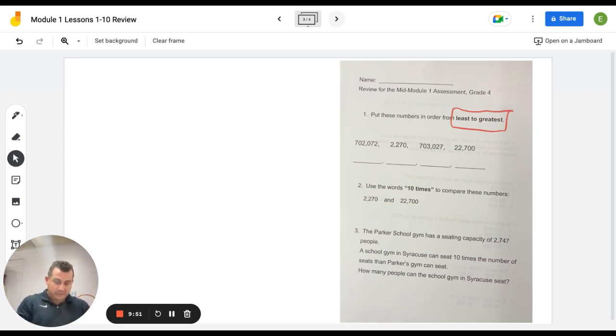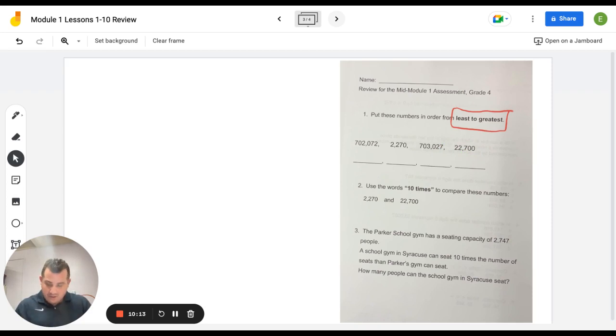So from least to greatest, what number here is the smallest? Well, this has 702 thousands. This only has 2 thousands. This has 703 thousands. And this number has 22 thousands.